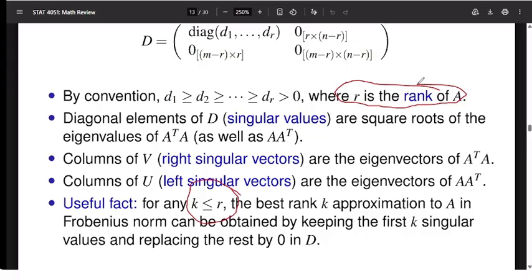But to reduce the number of pixels in an image, we don't want the quality to be affected. So it means using a singular value decomposition, the rank is not going to be R anymore, but the rank is going to be K. We're going to choose the top ones. Maybe instead of going from D1 to DR, we're going to go from maybe D1 to D5, a few ones. And that's why you see K. That is why we call that the best rank K approximation to A.